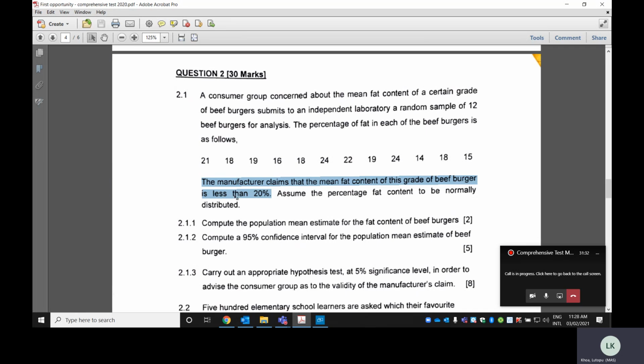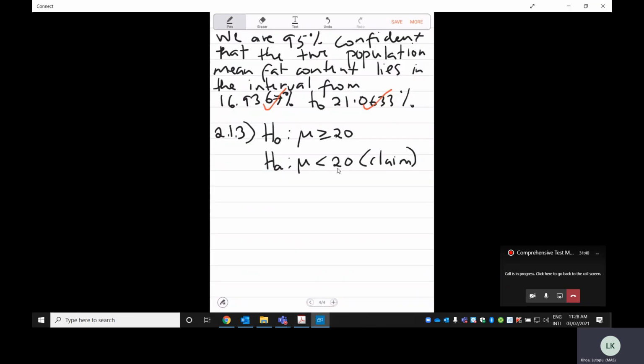So his claim that it is less than 20% is what the alternative hypothesis should say. So this is the claim that it is less than 20. So that's how you know whether you should put less than here, or greater than. So first you make your alternative, which is in line with the claim that the manufacturer is making, and then the opposite of that is your null hypothesis.